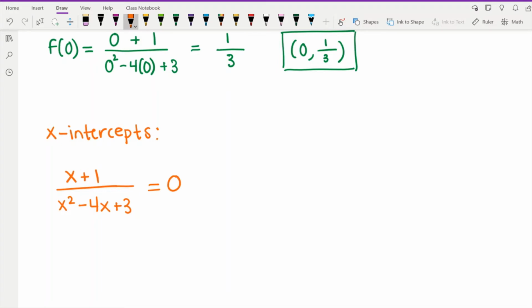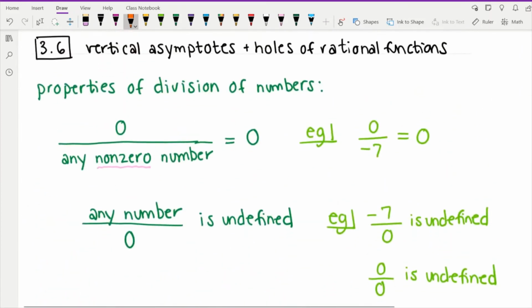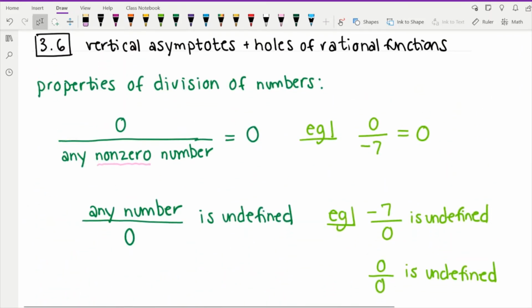Okay, so we now need to think about what are the situations where a fraction is equal to 0, because this is like a fraction being equal to 0. So going back to the beginning part of the video, what is the situation where the whole fraction altogether equals 0?